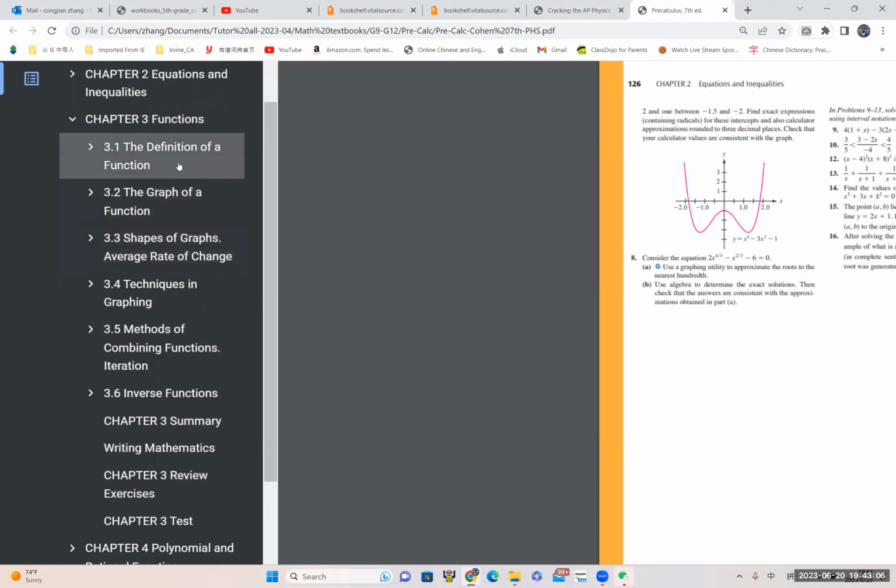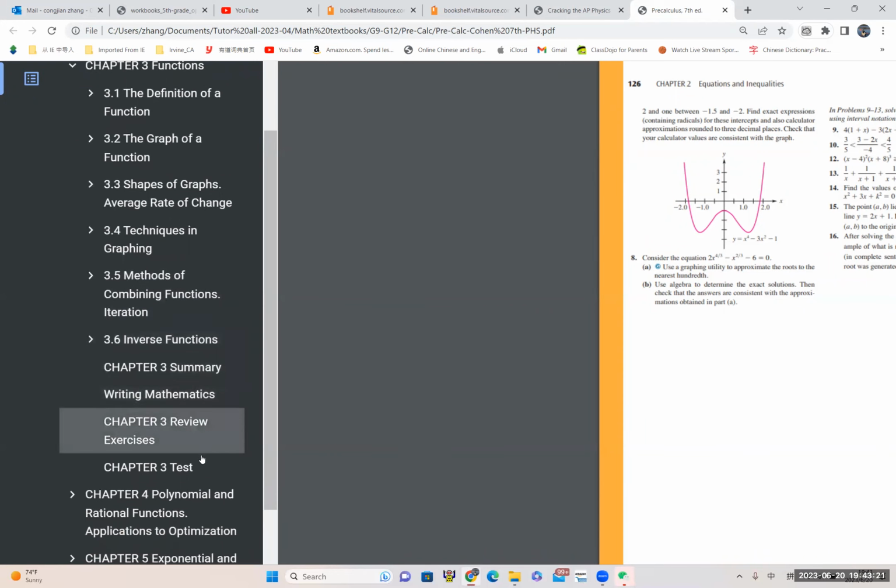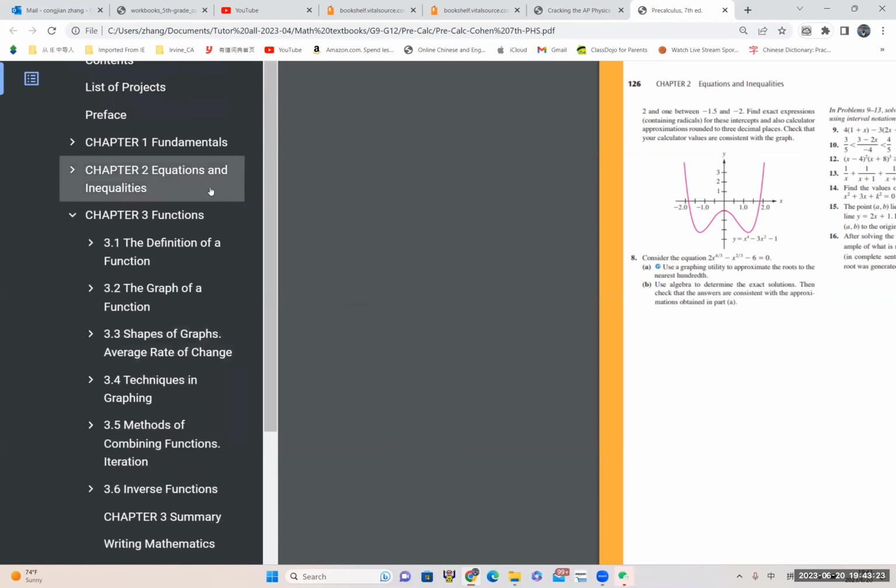Graph of function, shape of graph, average rate of change, graphing method of combining functions, iteration, inverse function, then summary. Okay, maybe we'd better slow down this time, section by section.